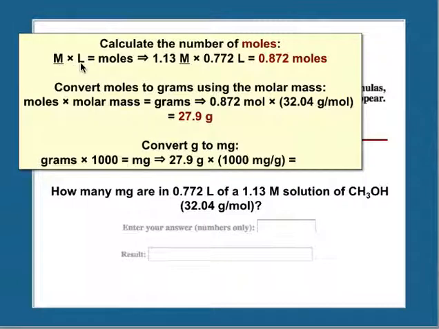Concentration times volume gives us 0.872 moles. To convert this to grams, we need the molar mass. So here's our moles, our molar mass. We have 27.9 grams. Finally, the problem wanted milligrams, so we have to multiply this by 1,000, 27,900.